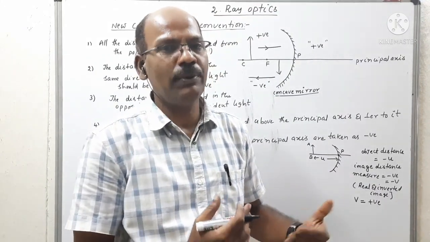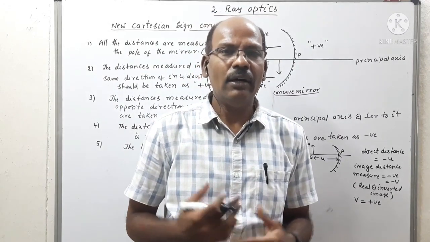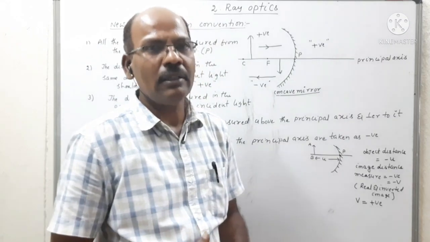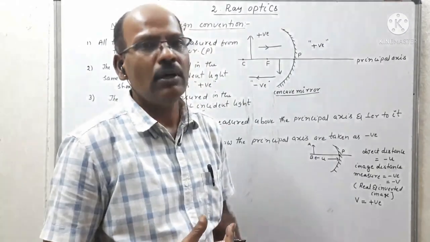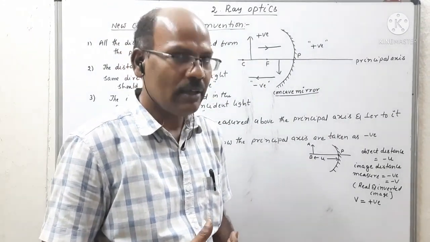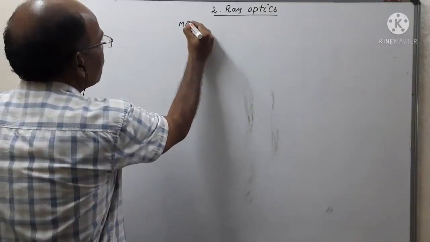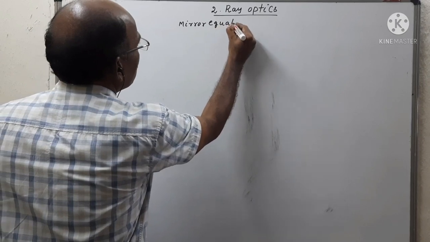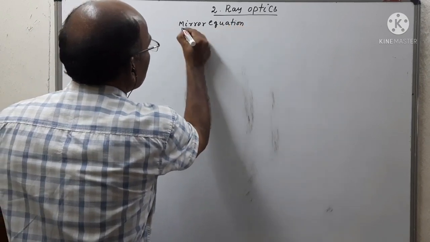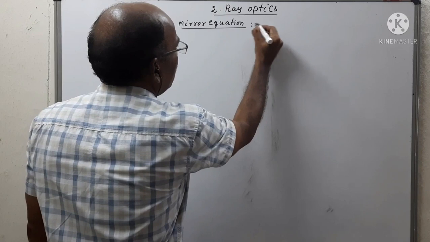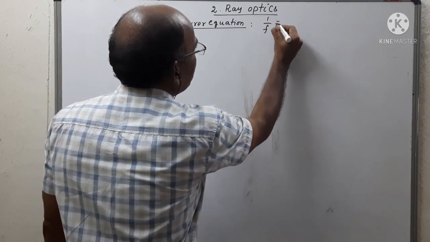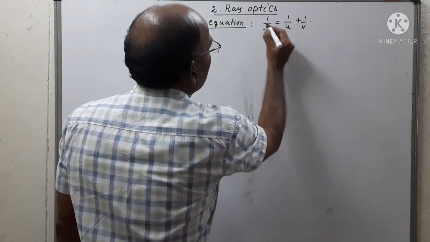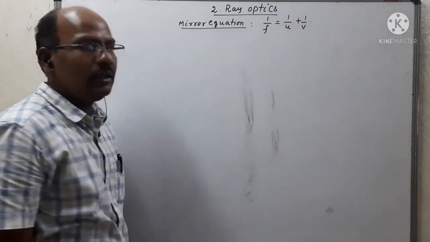By using a simple diagram and ray diagrams, we can derive the mirror equation 1 by f is equal to 1 by u plus 1 by v.